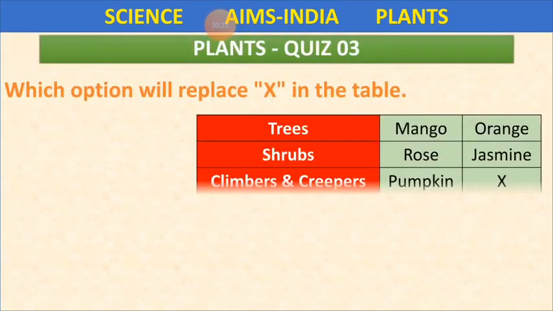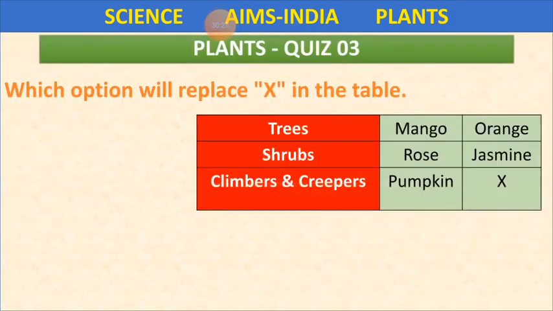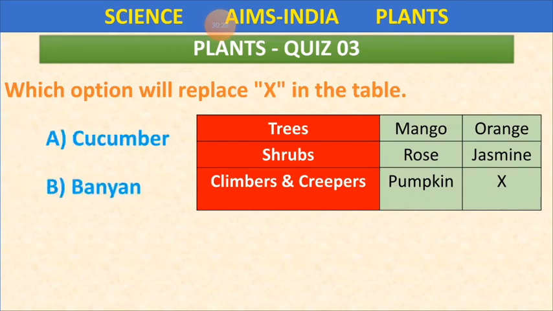Which option will replace X in the table? See here, we are given some different types of trees in the red area. Again, which tree comes under that category, that we have written in the green area. Now, for example, for trees, we have mango and orange.